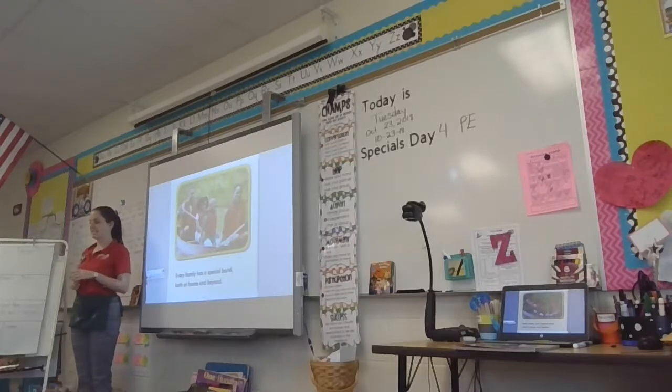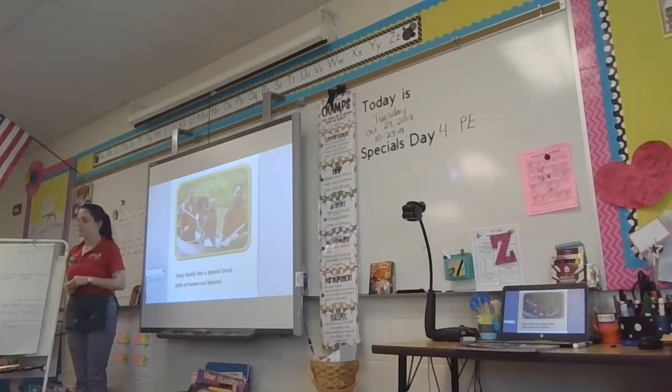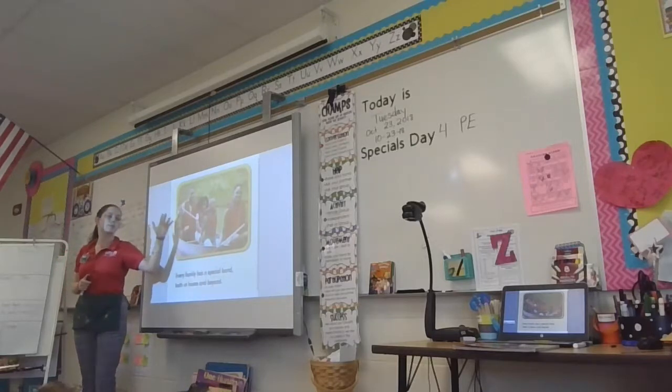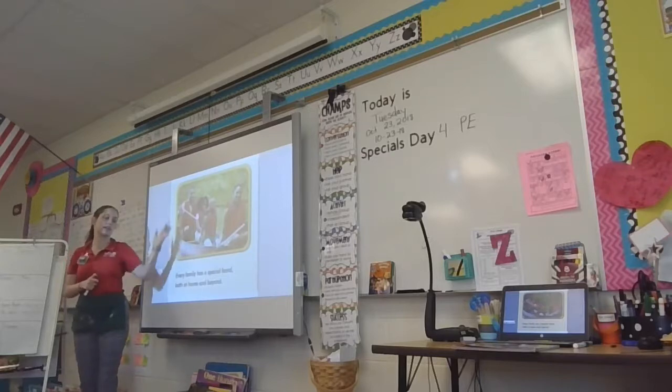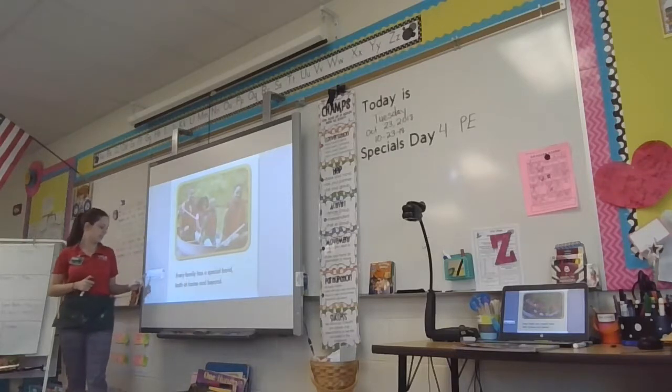CJ. So these are the words. Is there anything that helps us with the words on this page? Emma? The picture, right. So the picture can help us with the words.